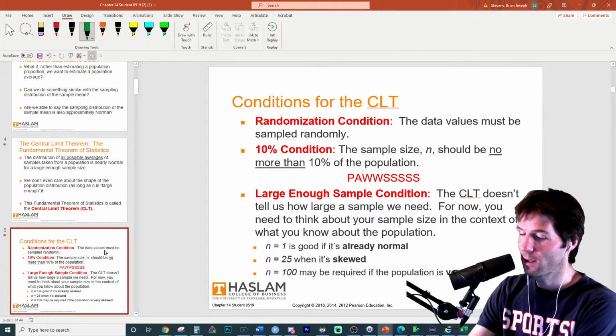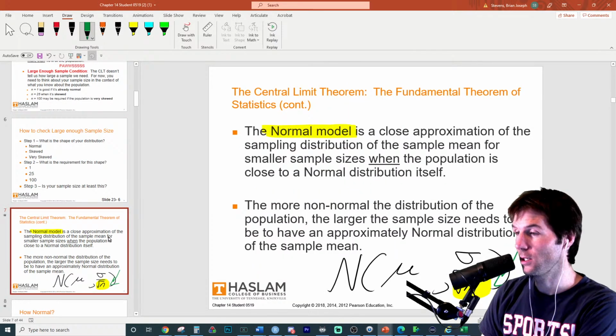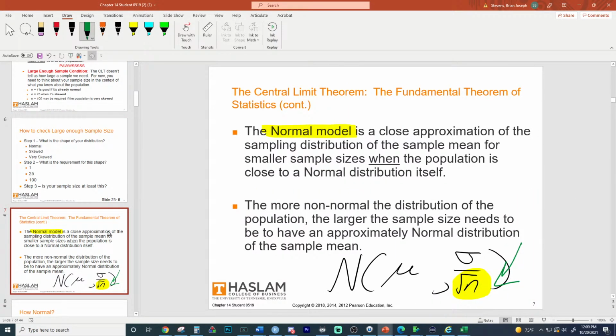So why do we meet these conditions? The whole point of meeting the random, 10%, and whatever the third condition is, is to use the what?